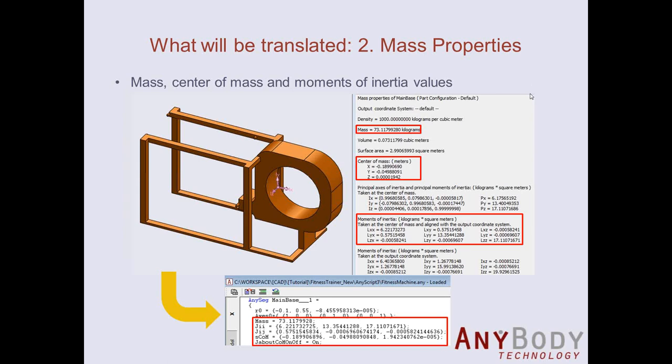Among this information, mass, center of mass, and moment of inertia values are very necessary when you would define an AnySeg object which replicates the SolidWorks part. SolidWorks2AnyBody will extract all these necessary information and write them into AnyScript files automatically. So this snapshot of AnyScript shows this concept.